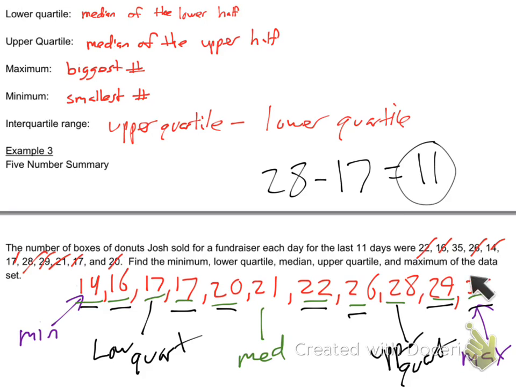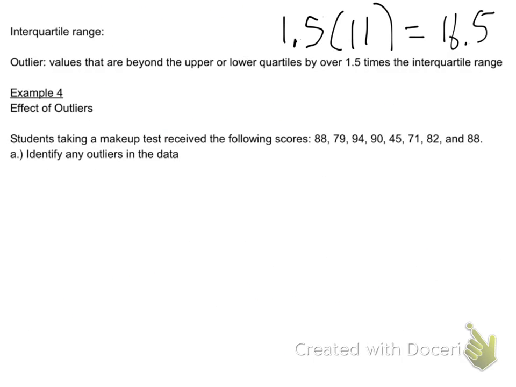That's all within range. There are no outliers on this problem. Kind of seeing what we're doing there. I'm not going to do example 4. You could see that we just talked about how to find those outliers. Again, an outlier lies outside of 1.5 times your interquartile range.